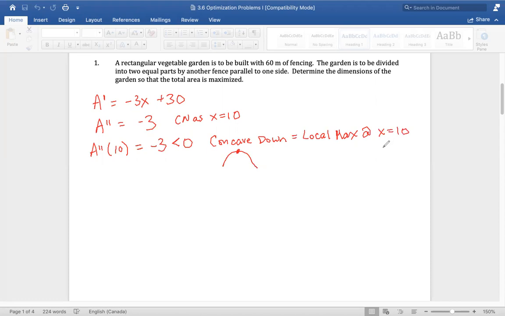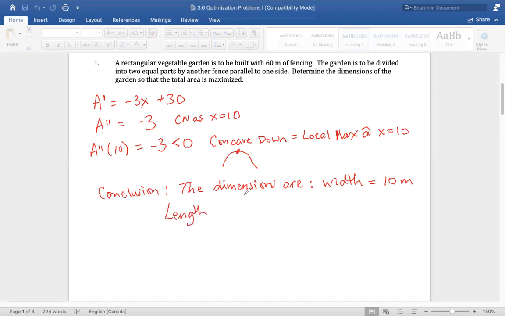So now I need to figure out what my other variable is, right? I've got my width. I need to figure out what my length is. So in conclusion, the dimensions are, I know that my width is equal to 10, and I already said let x represent the width, it would be meters. And for the length here, I need to do a little bit of work.